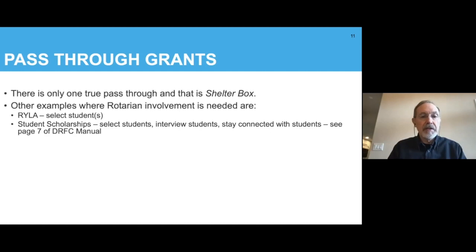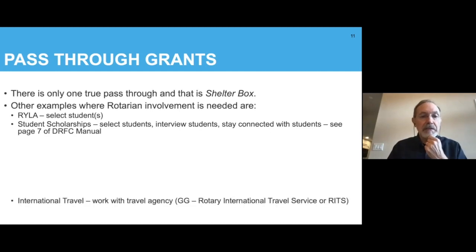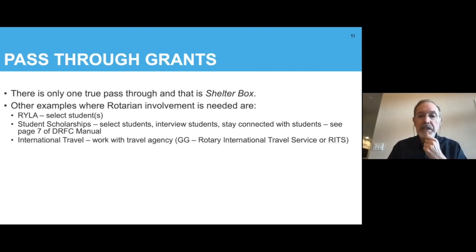On page 7 of the DRFC manual, it talks about student scholarships, and you can see that with international student scholarships, we are requesting an MOU for each organization that handles DDF.